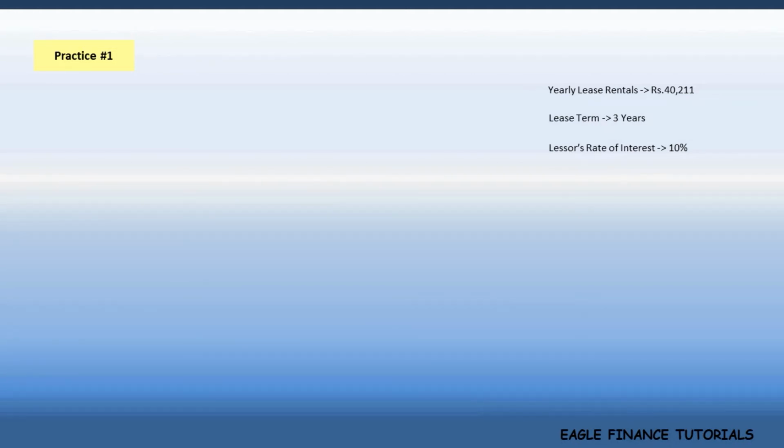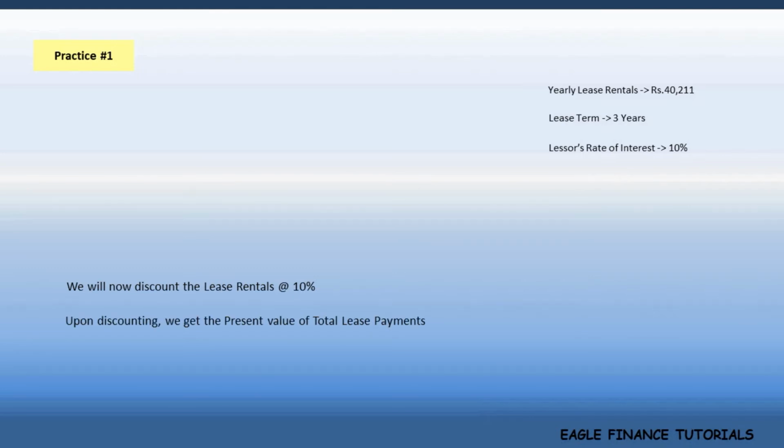We have got to discount the lease rentals using the interest rate 10%. On discounting, we get the present values of lease payments. Of course, we know the present value for all these payments together. We just did it. It is rupees 1 lakh. Let's now visualize this.